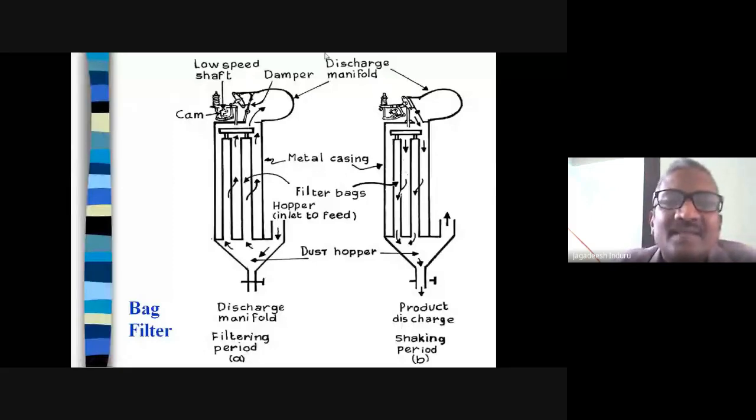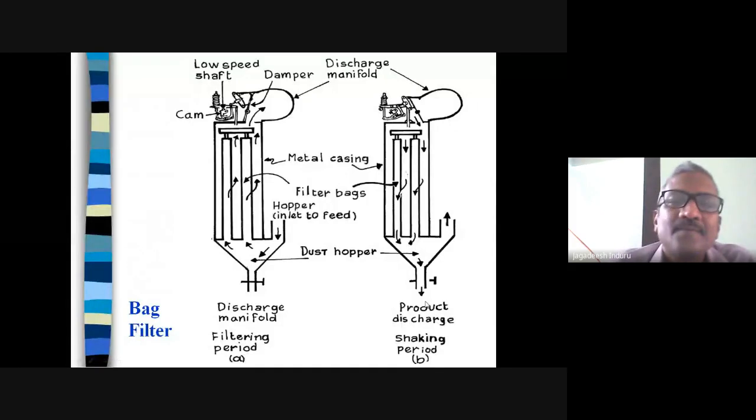Once this operation is done, again the filter bag is filled, and when your filter bag is filled, again you need to stop for the shaking period. You close this valve, and you close the dampener and open the air, and the air enters and pushes the powder down again. Like that, you create a process.